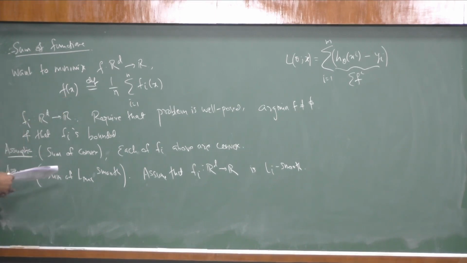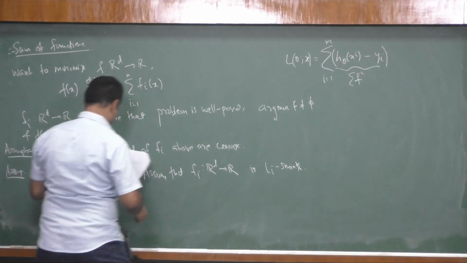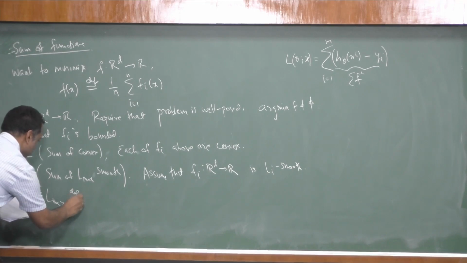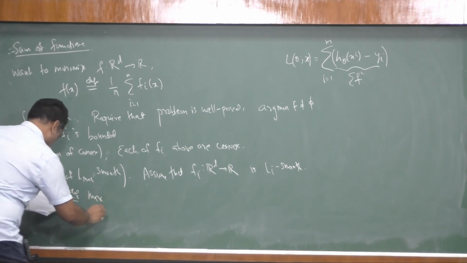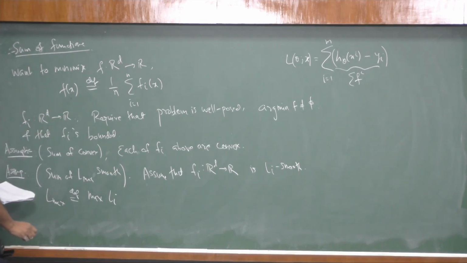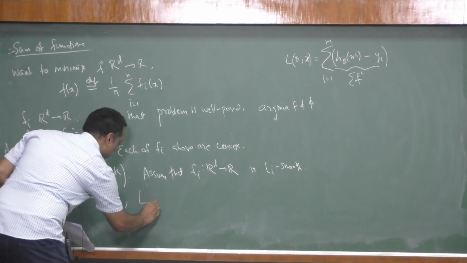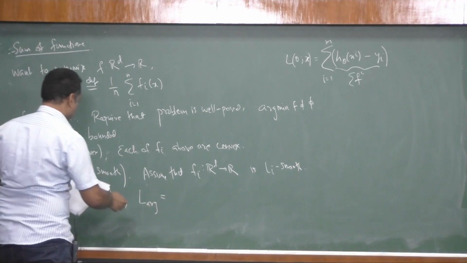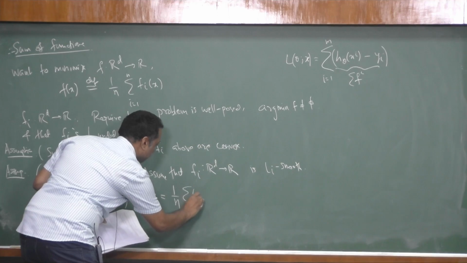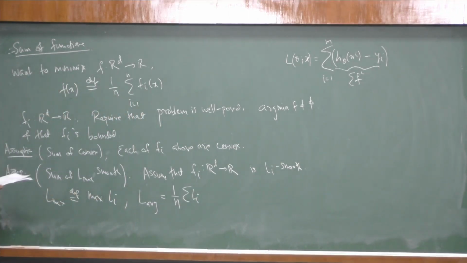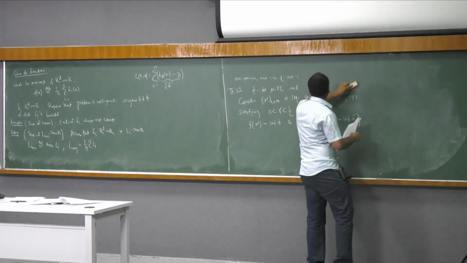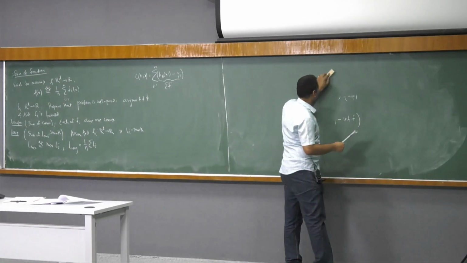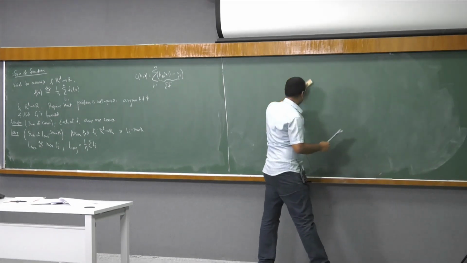We define L max as the maximum of Li, and we can also define L average, which is by definition the average of all the Li Lipschitz constants. So if the fi's are L smooth, then the given function is L max smooth or L average smooth. That's the consequence.